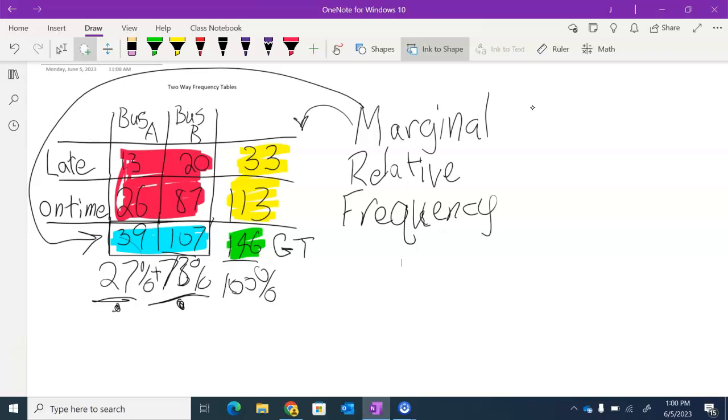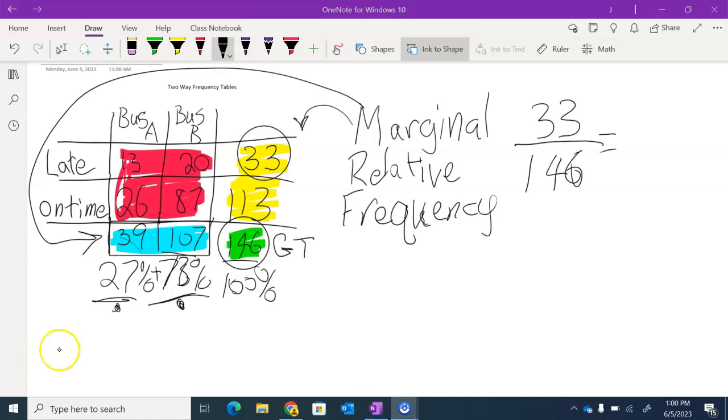Well, we take our total time. I need to change that. There we go. We take our total time and divide it by our grand total. So the buses were late 33 times out of 146. So what percentage is that? If we divide that out, that gives us 0.2260, and so on.